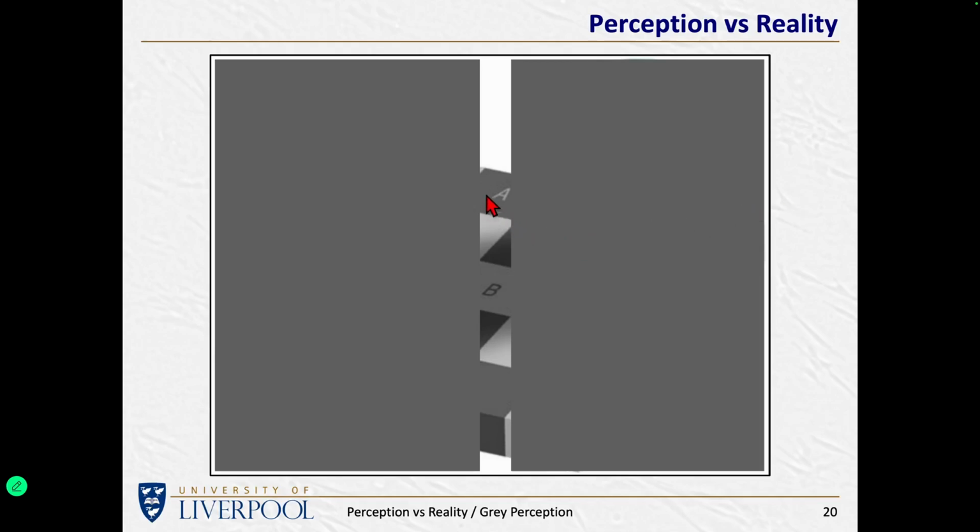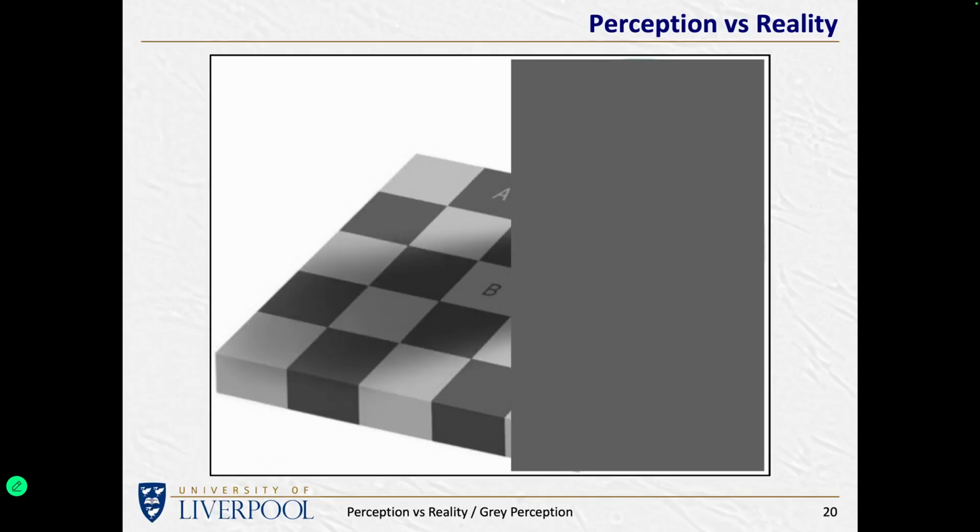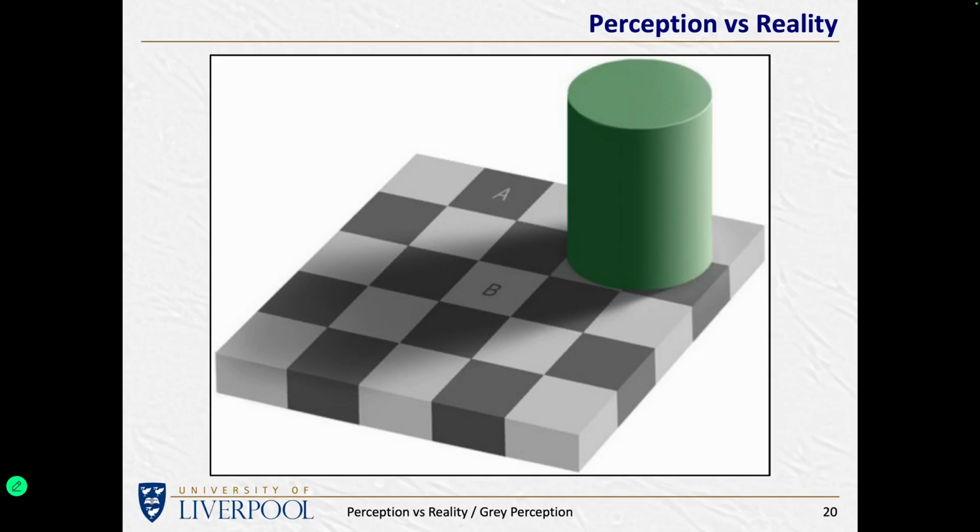I haven't changed the squares A and B. Now I hope you're convinced that the grey of square A, which is the same as the grey on the left and the grey on the right, is exactly the same as the grey of square B. They are both the same as the grey masks on the left and the right. If I now take those masks away without changing A and B, now you know that those two squares are the same shade of grey.